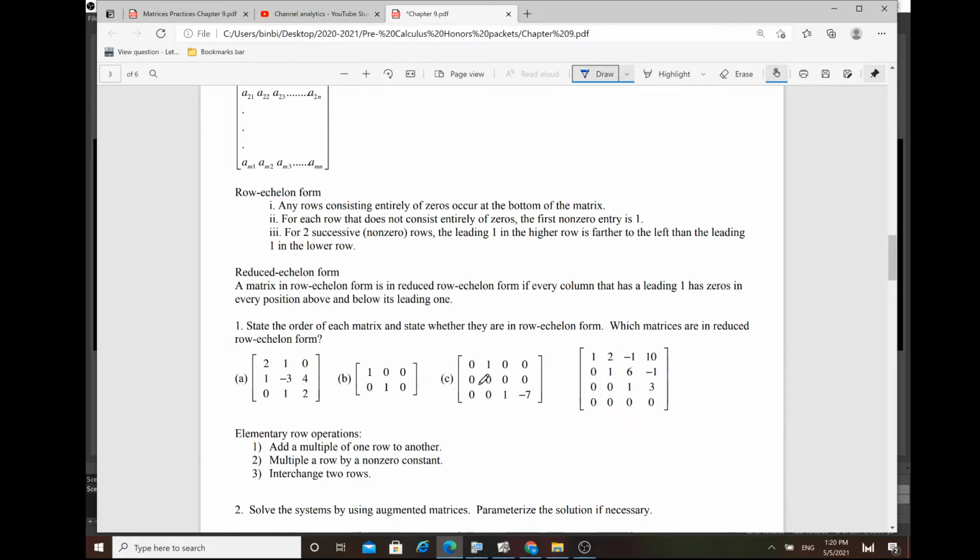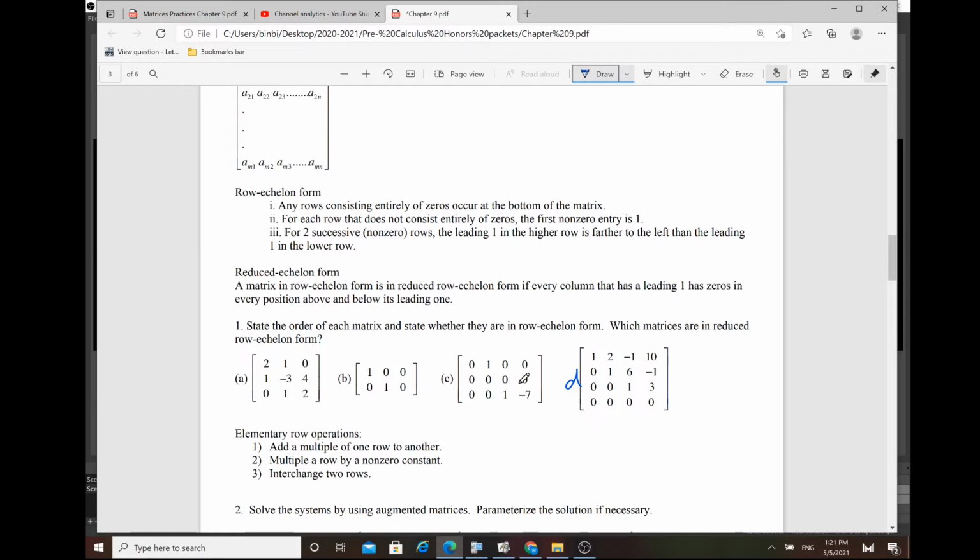This one is not, because the zero row is supposed to be at the bottom, but this one, yes. So B and D are reduced row echelon form. Besides being row echelon form, they are also considered reduced row echelon form. So A is not considered row echelon.